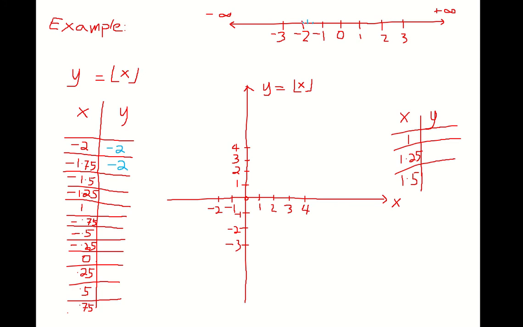So negative 2 is smaller than negative 1, so we are not going to round it down to negative 1. Though numerically 1 is smaller than 2, in terms of the number line, we see that negative 2 is farther than negative 1 in reference to 0. So negative 1.75 rounds down to negative 2.